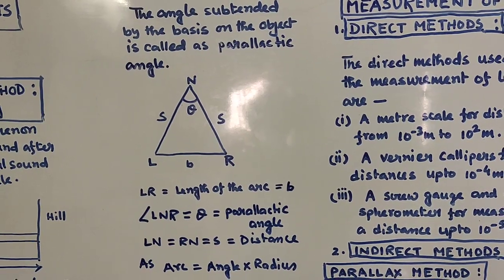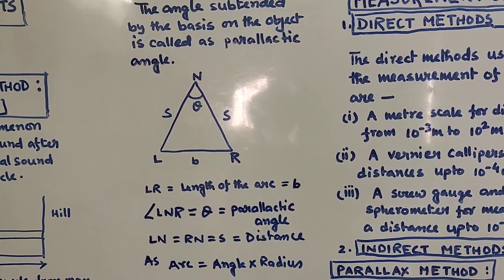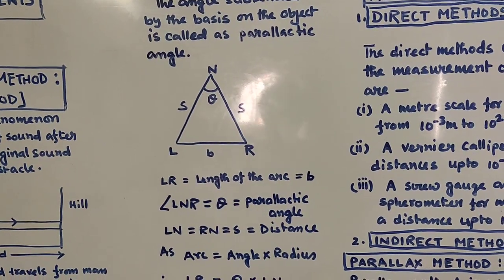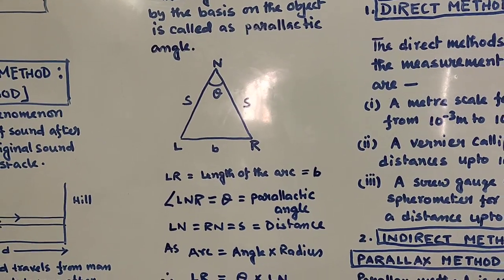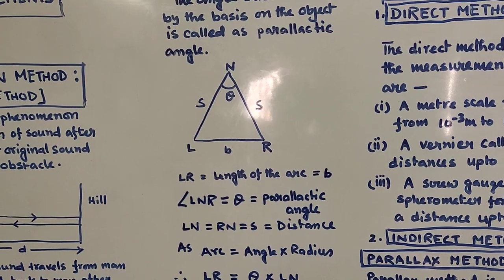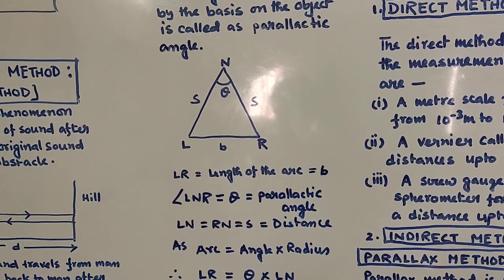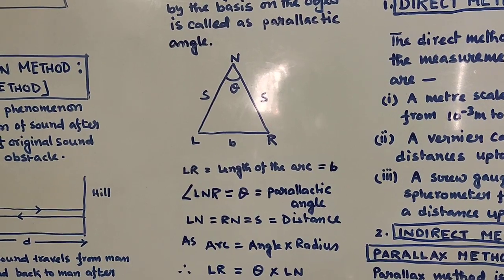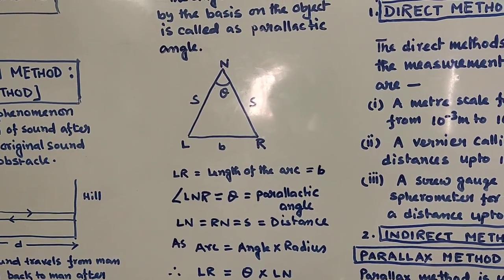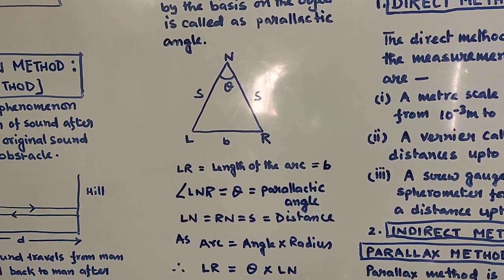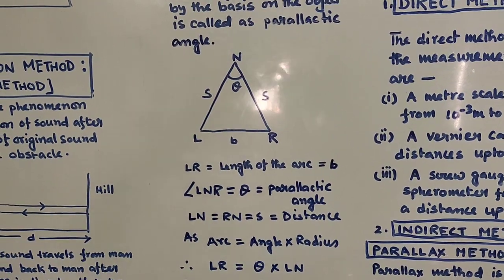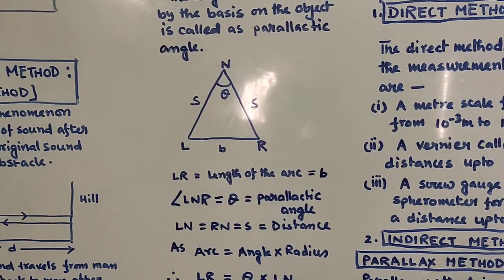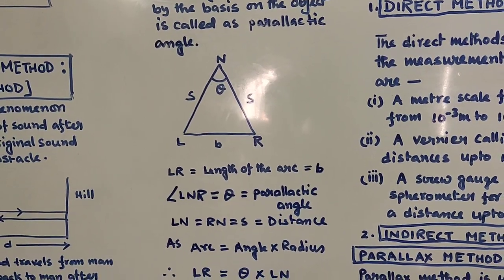So LR is your length of the arc. Here we have drawn it straight, but basically the arc is very huge, that's why a small portion we have considered seems to be straight. And angle LNR is your theta, the parallactic angle, and LN or RN is your S, the distance of the object with respect to the left eye or right eye.